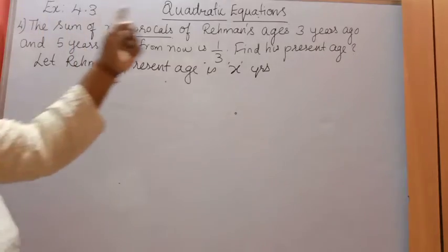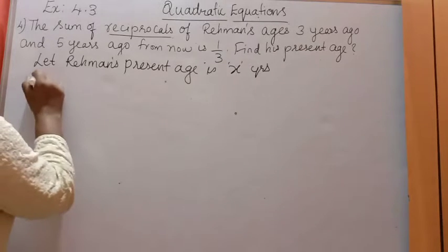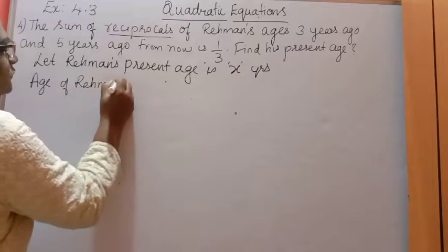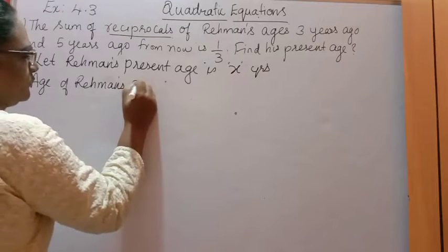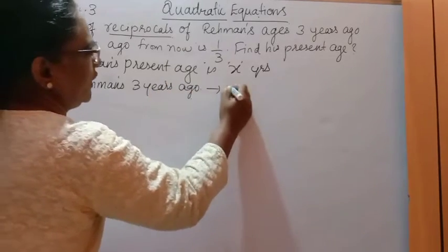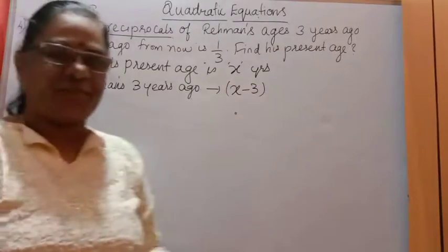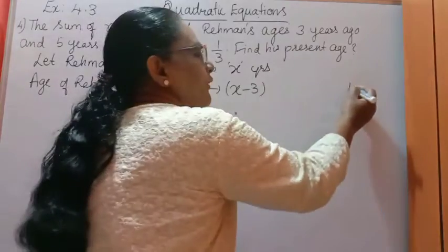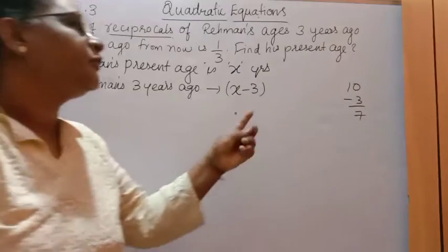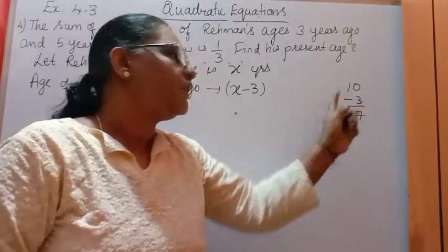Now, what was his age 3 years ago? 3 years ago, his age was whatever his present age is minus 3. Minus means previous. Suppose he is 10 years old now, 3 years back his age would be 7 years. You understood? Suppose his age is 10 years at present, so 3 years back his age was 7 years.